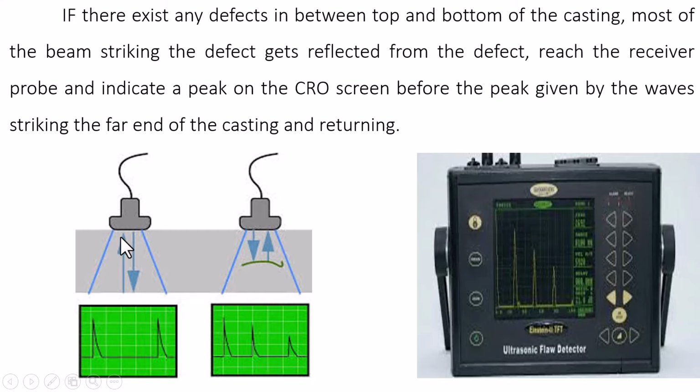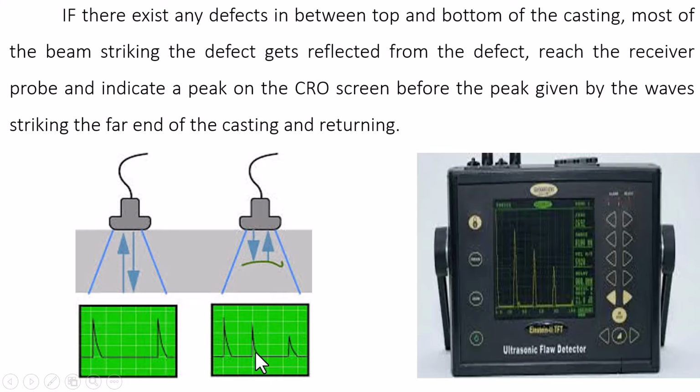If it is a defect-free material, you can see a peak at the left at the start, then the wave touches the bottom and returns, so there is a peak at the right side. So there is no defect in this region, at this depth. In this case, there is a defect. At the start there is a peak on the left side, but due to this defect, the wave is reflected back.